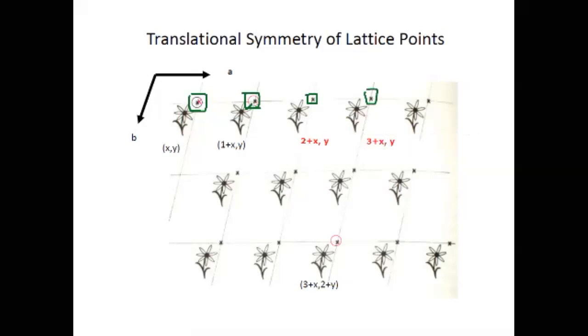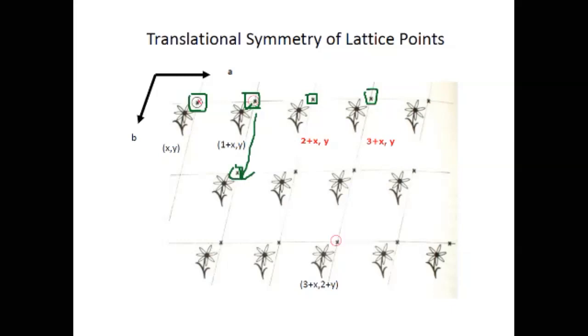Now, if we were to drop down, so say instead of going to the right, we took this point here and we moved down 1 unit. So you see the B axis is coming down. B refers to the Y axis in crystallography. So if we move down 1 unit, what is the relation to this lattice point from this one?